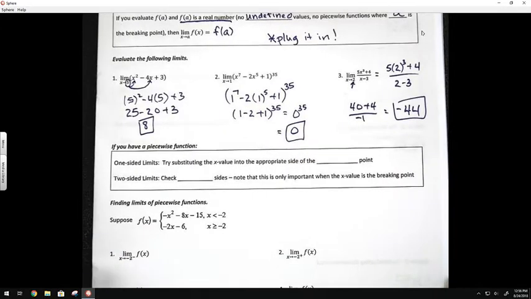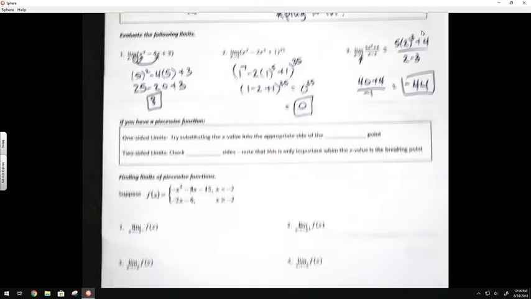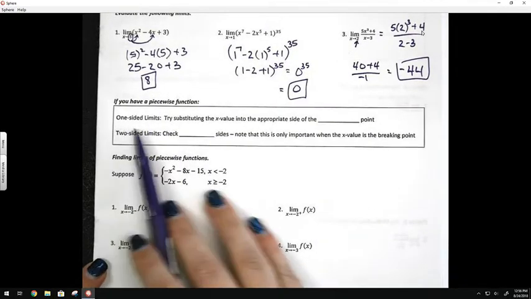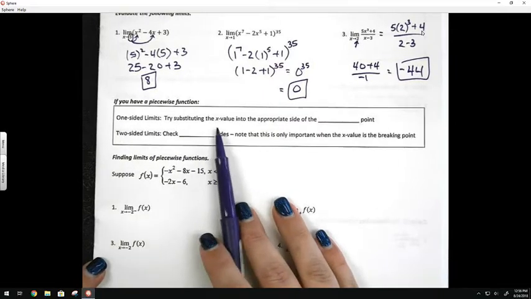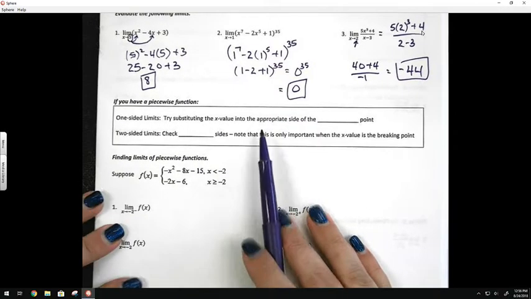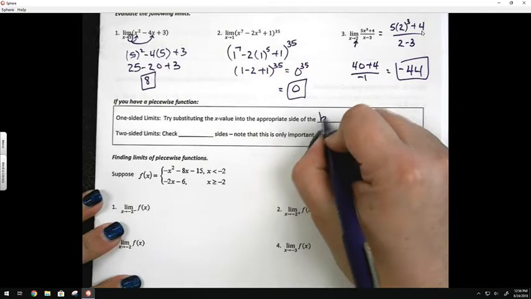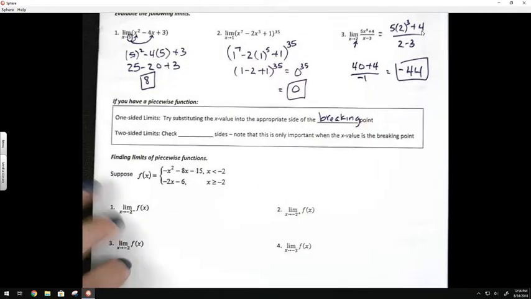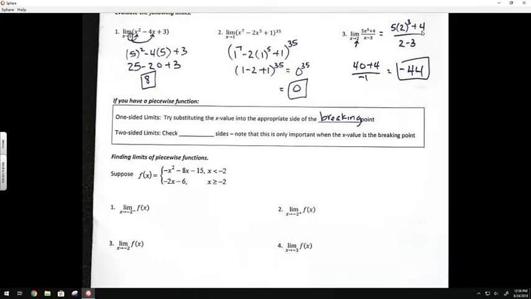Now, if you have a piecewise function, things get a little trickier. So if we have a piecewise function, one-sided limits, we're just going to substitute the x value into the appropriate side of the breaking point. So if all they're asking for is the limit as x approaches the left or the right of that breaking point, we only have to plug it into one of the functions.